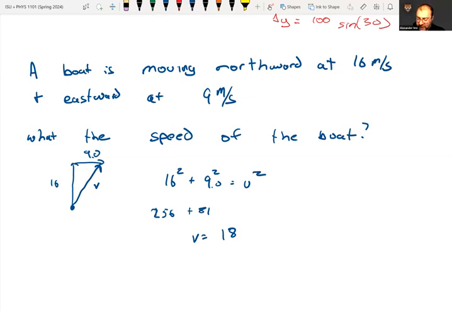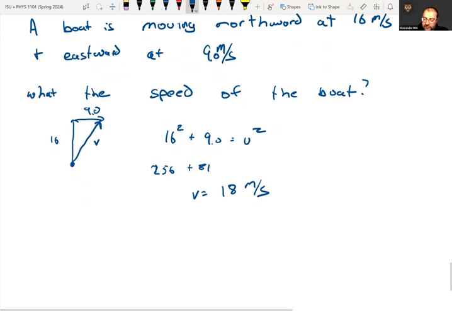So it would just end up being 18 meters per second if we're doing, say, 9.0 there, if we're doing the proper sig figs. So 9.0 squared.